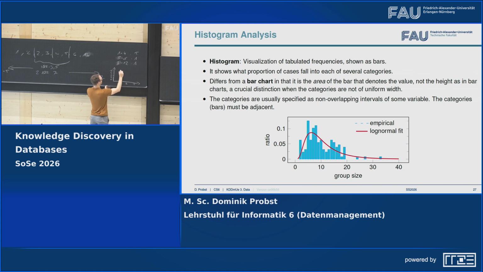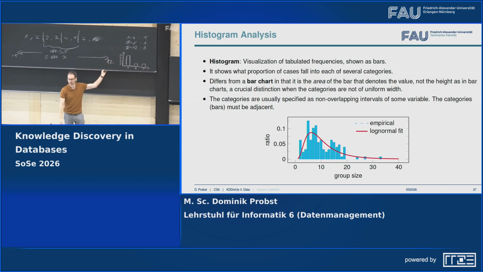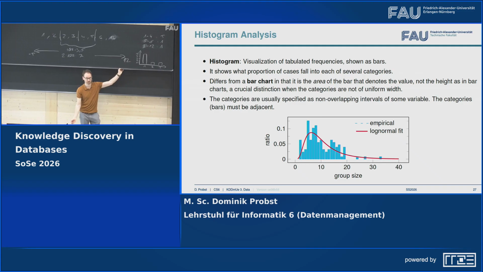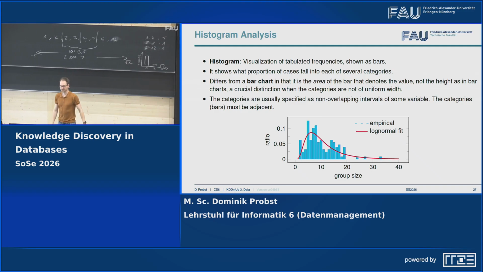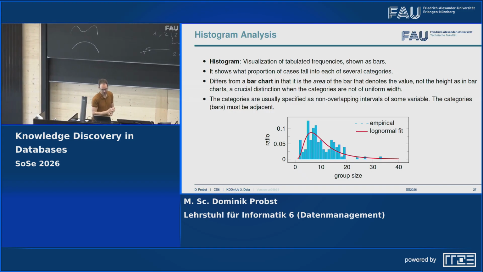So we have 5 values in the first bucket, 1 value in the second bucket, 1 value in the third bucket. And that's a histogram, basically. Okay? Hopefully that's big enough for the recording.